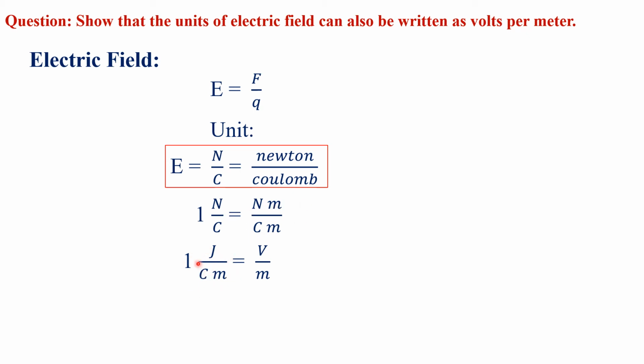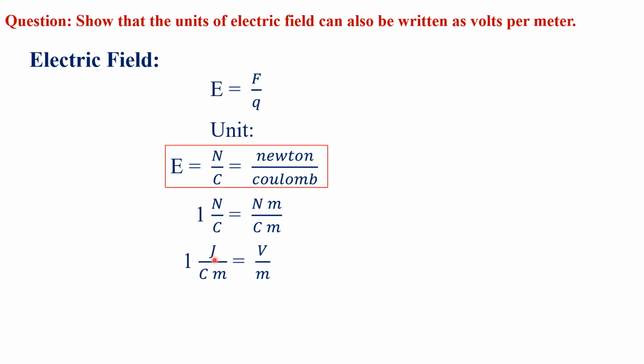For remembering 1 Newton meter equals 1 joule, you can take help from the formula work done equals F dot d. The unit of work done is joules, the unit of force is Newton, and the unit of displacement is meter. So by putting the values you will get 1 joule equals 1 Newton meter.